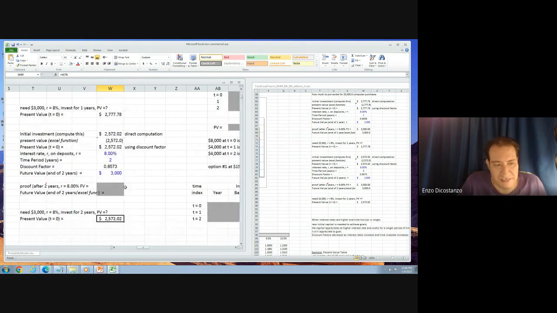I'm not going to keep repeating these. And you can do it to the second power: 2,572 times 1 plus 8%. Look at how everything's computed here, and again, you guys sit and try these out yourselves.